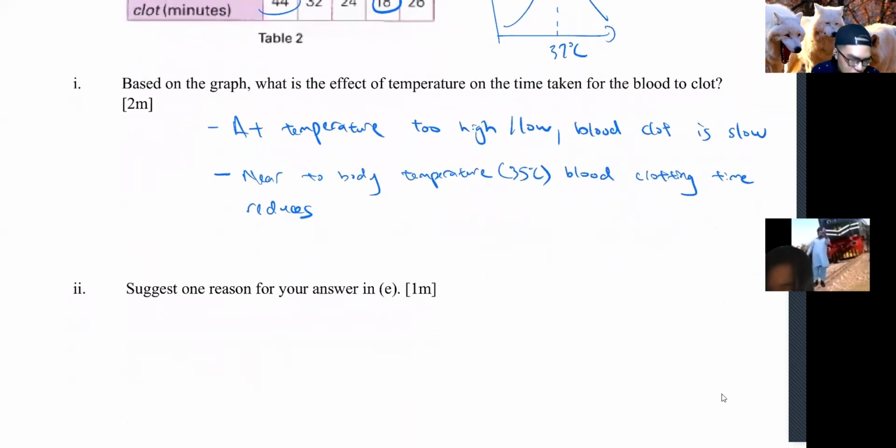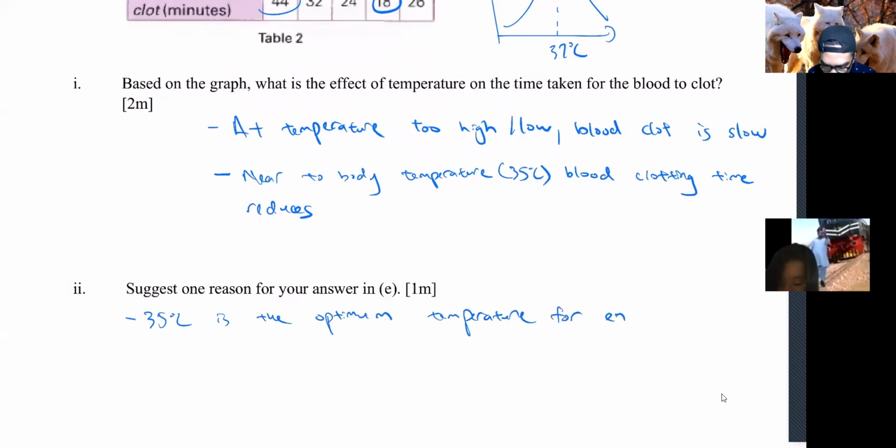Suggest one reason for your answer. There's only one mark here. So you can say 35 degrees is the optimum temperature for enzymes.